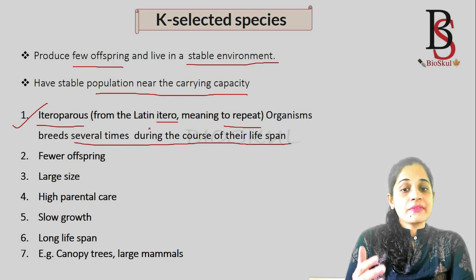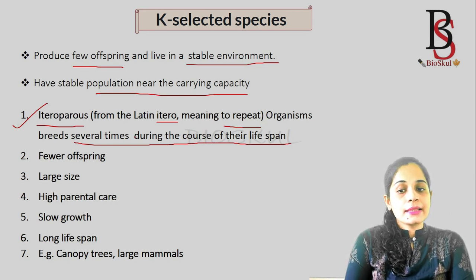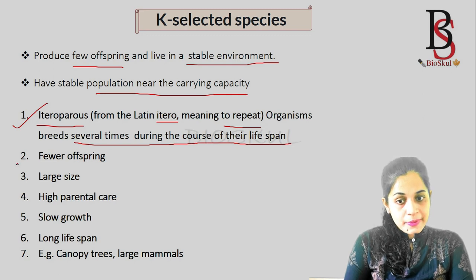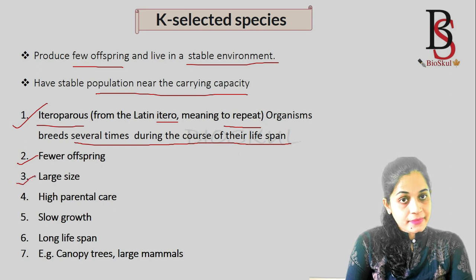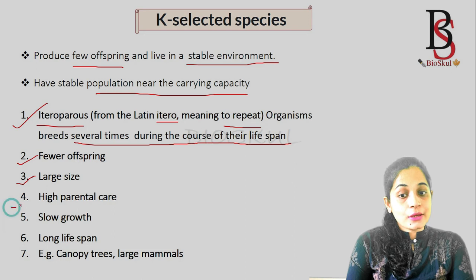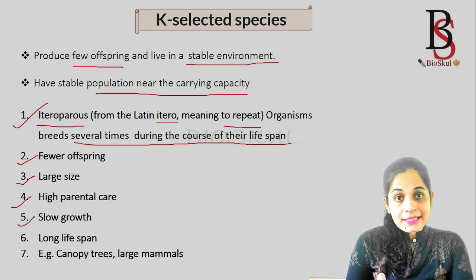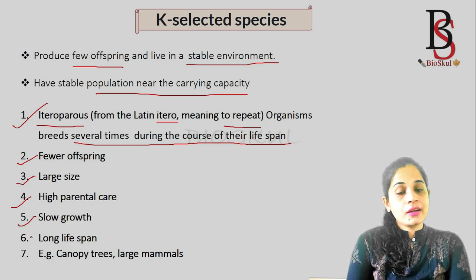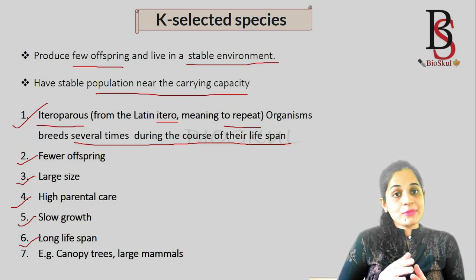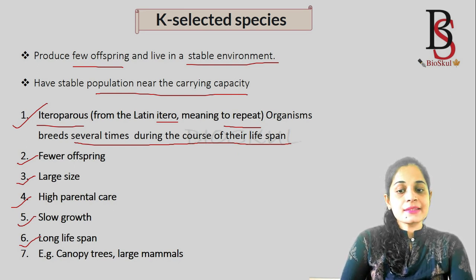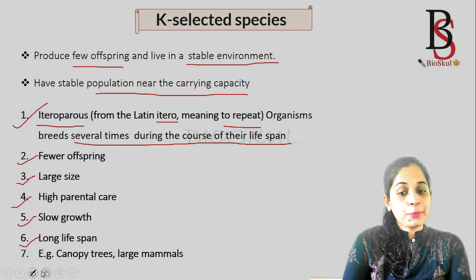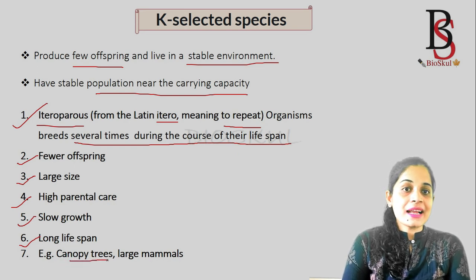As they reproduce several times during their lifespan, they produce fewer offspring, and the offspring are larger in size and show a high rate of parental care. The growth rate of offspring is slow, but K selected species live for a longer time. They have a long lifespan. What are the examples of K selected species? The examples are canopy trees and large mammals.